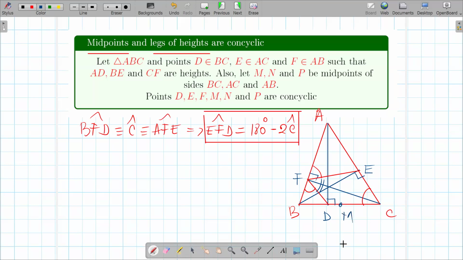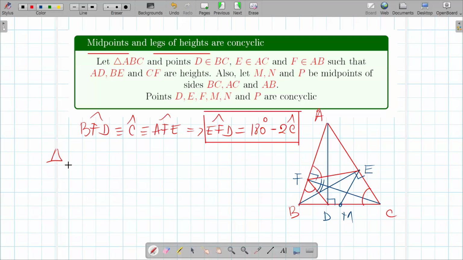So now, for example, if we take M to be midpoint of BC, well, what we get now is we can look at a right angle triangle, which is BEC, and EM is going to be the median on the hypotenuse of this triangle, no? Well, so there you go. Here's our EM.